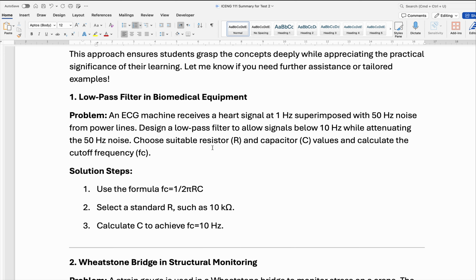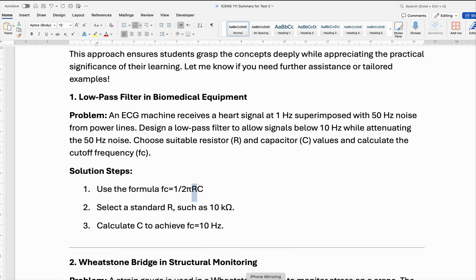Now I did not identify what V out over V in is, but if I said that I want V out over V in to be 98%, so the attenuation is 0.02, then based on that 0.02, I'm going to identify the critical frequency. If I find the critical frequency, I'm going to assume C is equal to 0.01 microfarad, and then I'm going to find the resistance. And then here I have my pass filter.